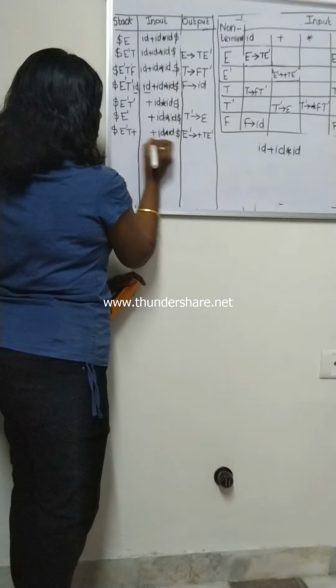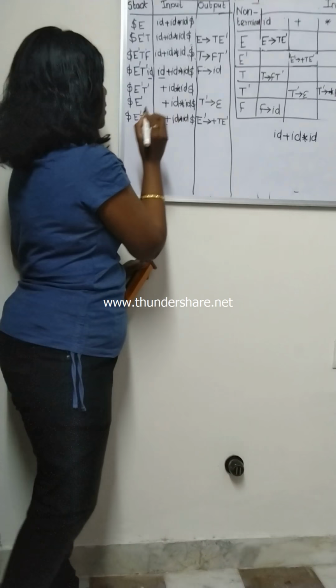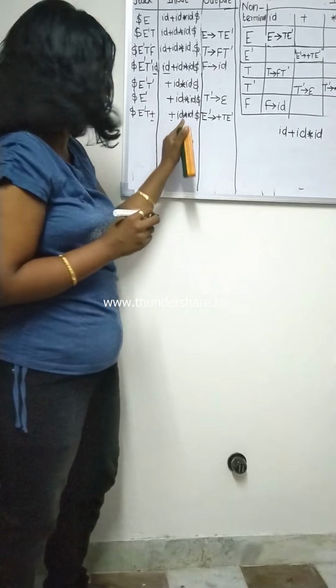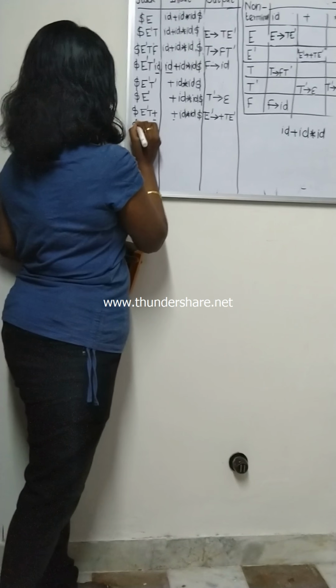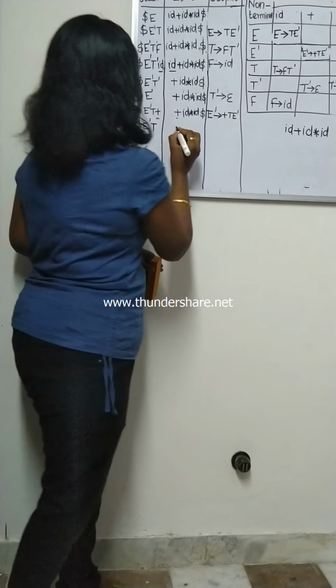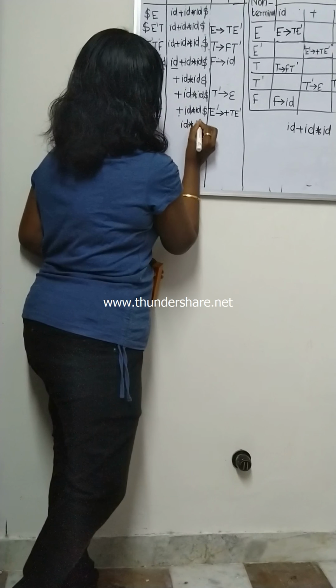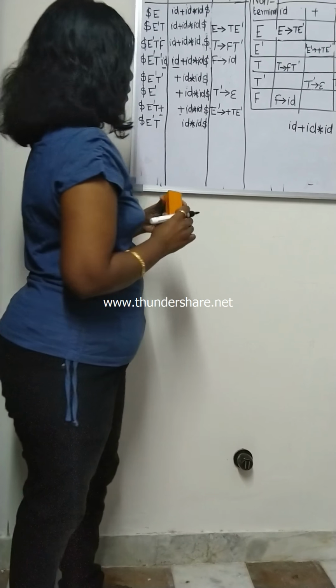Now both the places, here also terminal plus and here also terminal plus. So I am going to remove both the plus. So here it will be dollar E dash T and here it will be ID star ID dollar.